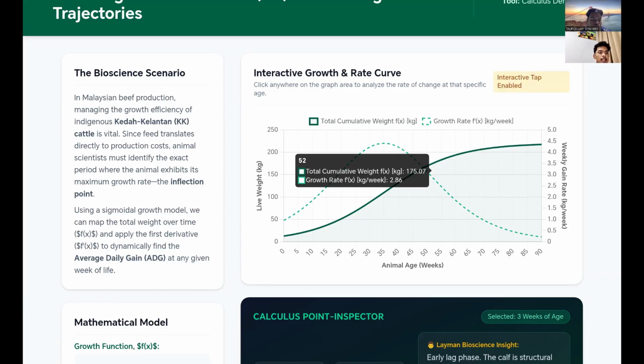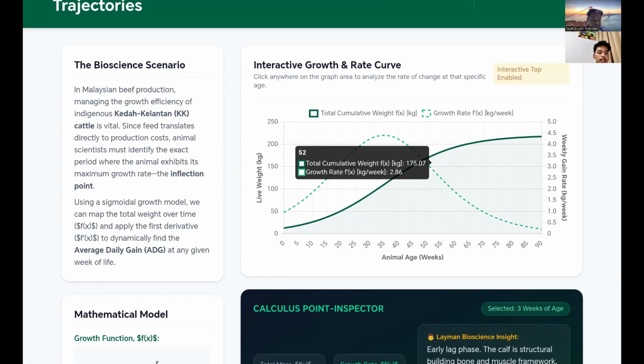The model uses an S-shaped growth function f(t) to track total cumulative weight. By taking the first derivative f prime, we can directly calculate and map the growth rate, weekly rate, and given weeks in the animal's life.